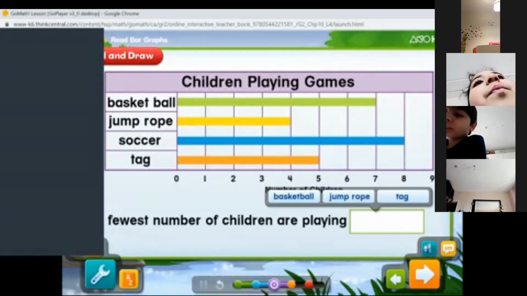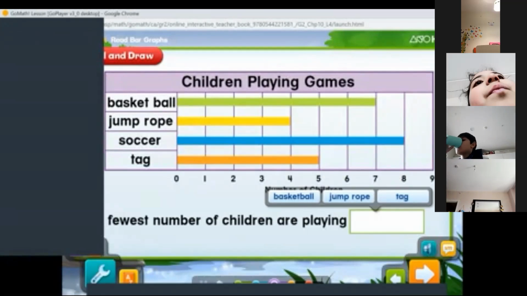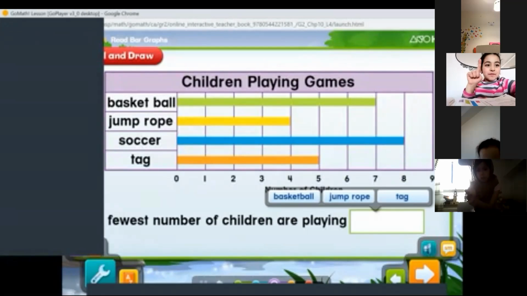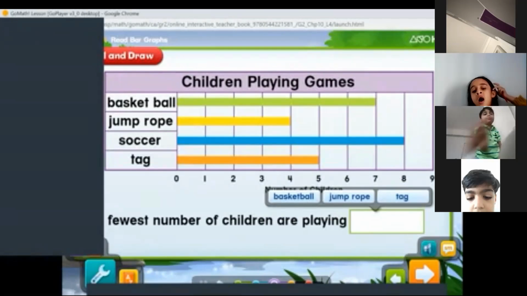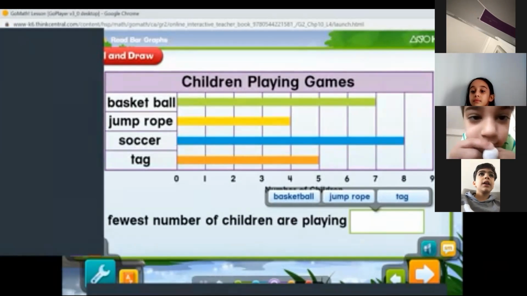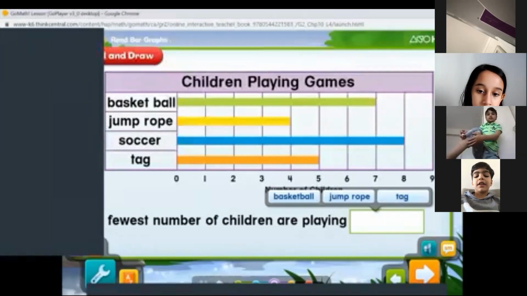Okay. Wait, who can answer this? Fewest children play it. Which game? Noor, yes. Can you? The fewest, the shortest line shows which game?